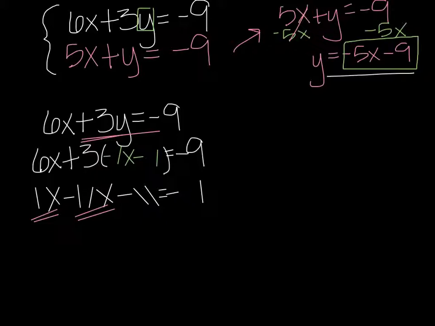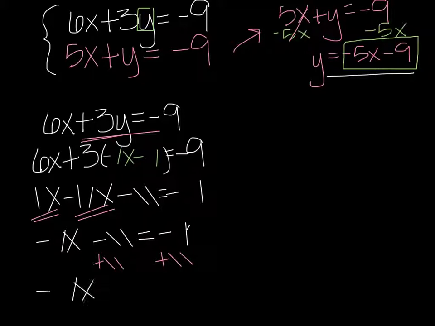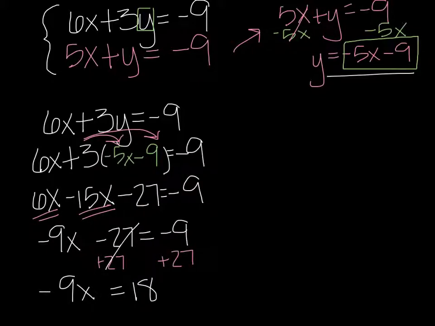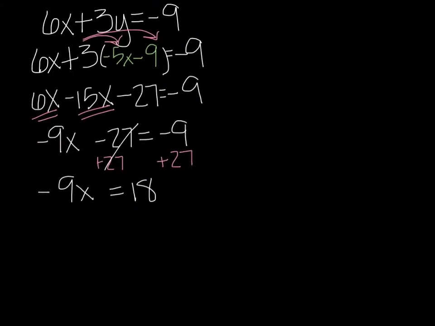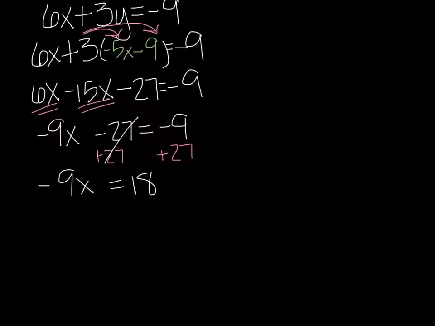We have 6x minus 15x gives us a negative 9x minus 27 equals negative 9. So now we'll add 27 to both sides. We'll have a negative 9x equals 18. Divide both sides by a negative 9, and x equals a negative 2.